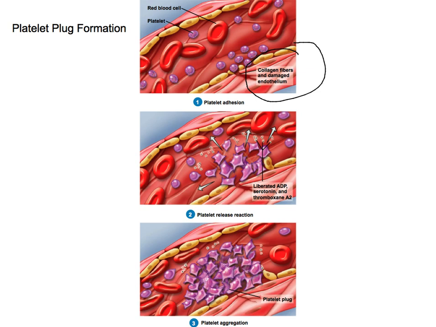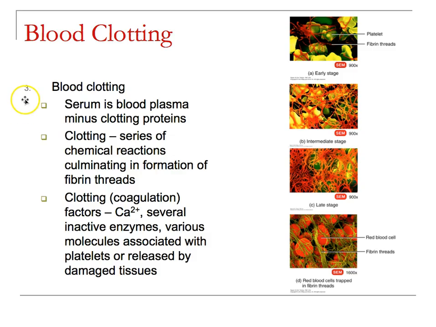Now, this is part of blood clotting. It's not the whole piece to it, because blood clotting itself is where we're actually going to have the platelet causing the formation of fibrin threads, where you then actually will end up trapping materials inside of this space.